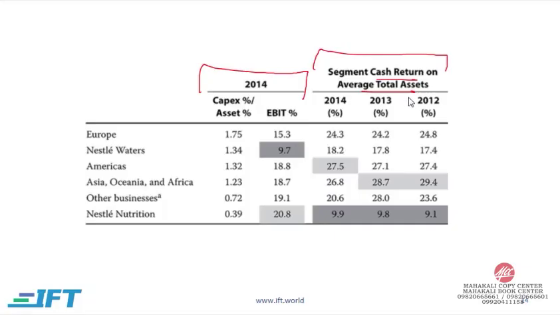What he would expect is that divisions or business units that have high ratios here, high cash generated for assets, should have a high allocation of capital expenditure. And here he is happy to note that Europe has a relatively high cash return on assets. So this actually explains why Nestle is allocating a larger share of the expenditure to the European operation.